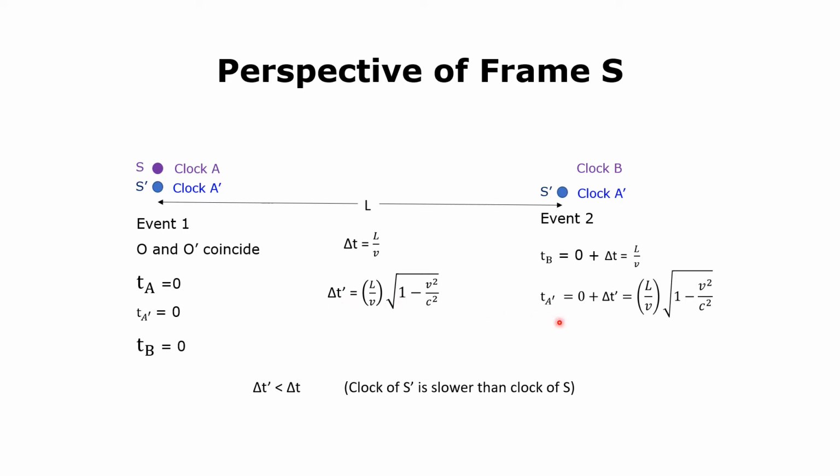Therefore, at event 2, clock A prime reading is 0 plus delta t prime, that is L divided by v into square root of 1 minus v square by c square. As we can see, the reading of clock A prime is less than the reading of clock B. Frame S will say that the reading of clock S prime is smaller because S prime clocks are ticking slower than its own clocks.